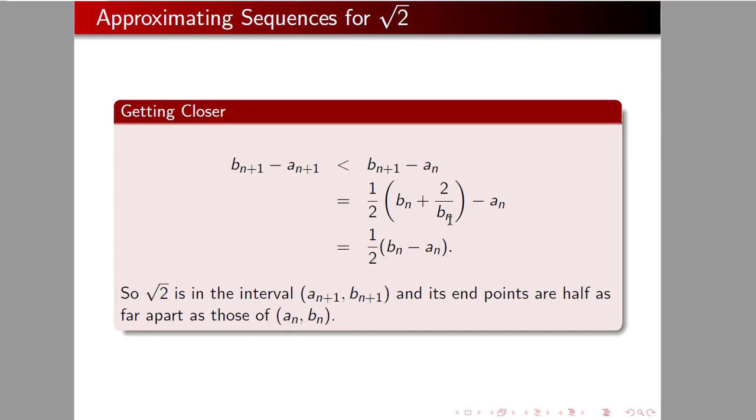My 2 over bn is actually an an. I subtract this an from it. If you do the math on it, we get 1/2 of bn minus an. So when I get my new approximating interval around the square root of 2, it's half as long as my former approximating interval, and so each time we just split the difference.